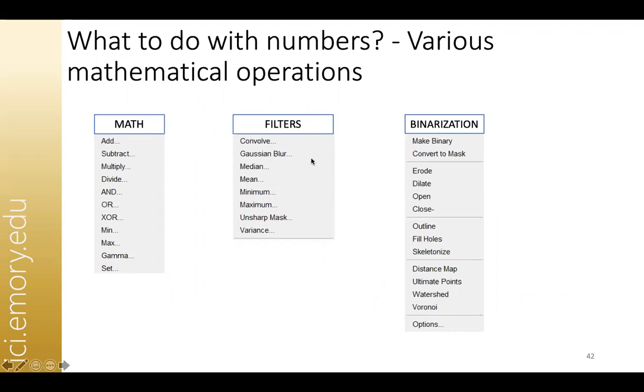And these filters execute a bunch of kernels, which are again mathematical operations, and we can binarize each of these images to get something like a binary mask, which helps you in the process of segmentation. Okay, and we will be touching upon each of these things in detail during the workshops.